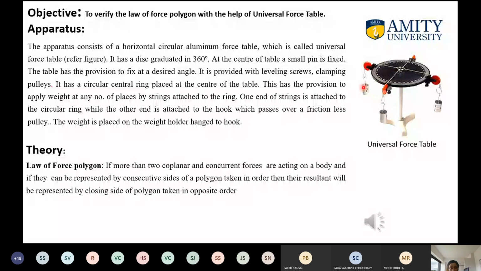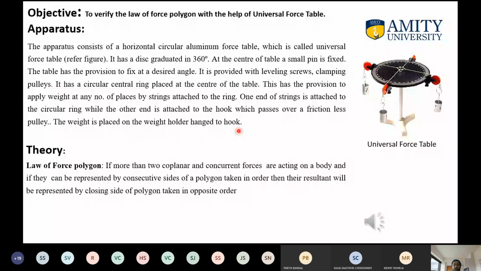The other end is attached to the hook, which is passing over a frictionless pulley. This is a very important part. This pulley is frictionless, meaning there is no friction involved. So tension will be the same on this part and this part. The weight is placed on the weight holder, which is hung on the hook. So this is the main explanation.